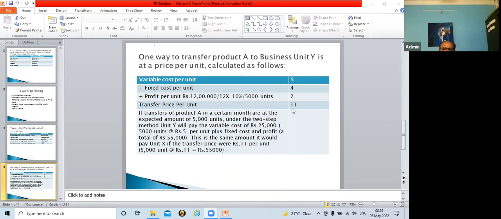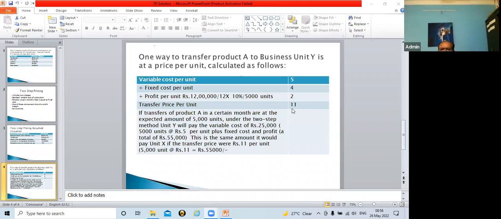So far we discussed responsibility centers, then types of responsibility center, profit center, investment center, and then we learned the transfer pricing methods, that is cost-based price, market-based price, negotiated price, then two-step pricing.